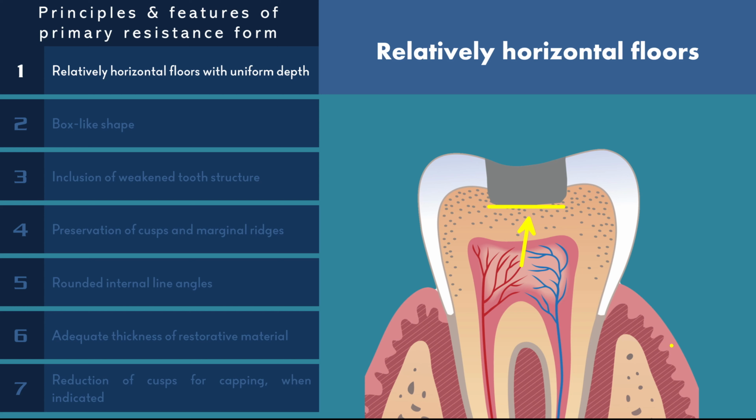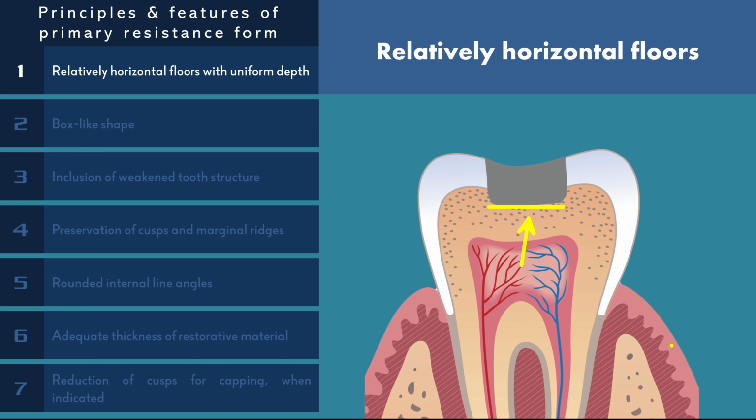If it is horizontal and flat, the restorative material can rest on the pulpal floor, and the force which is transmitted during mastication will be distributed uniformly towards the rest of the tooth structure. So in order to provide a good primary resistance form, the floor should have a flat and horizontal appearance.